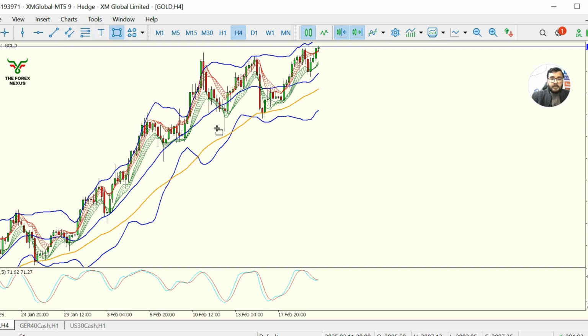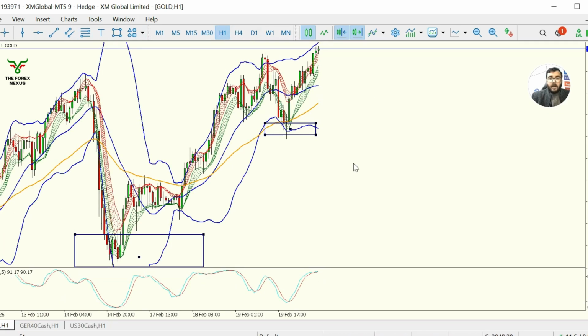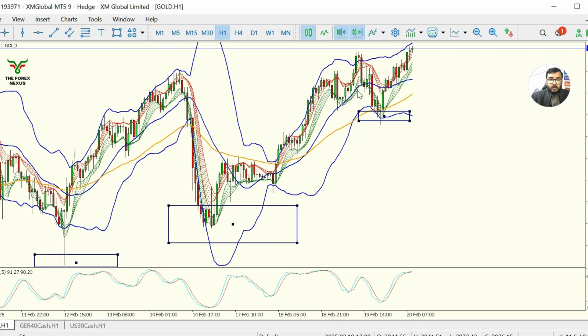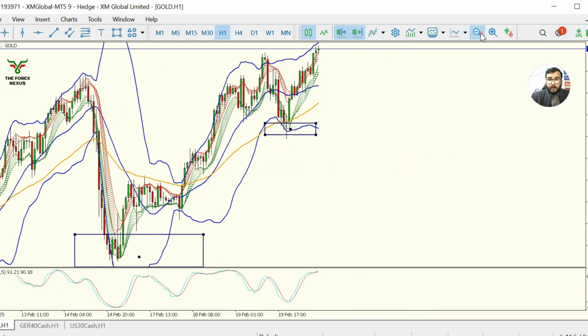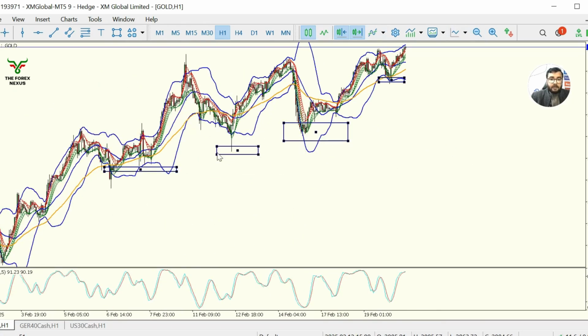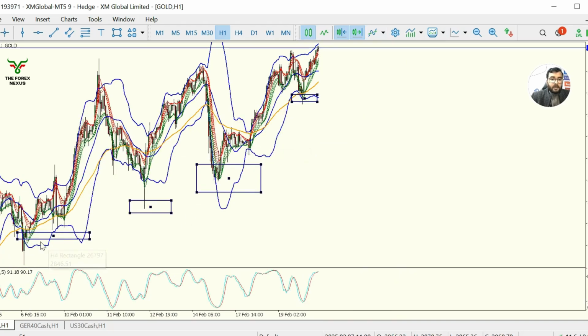If we mark these areas like this, recently, last night, the market got a re-entry on the H4 time frame. Now here, see, it's a confirmation on H4 and on H1. Here we got another confirmation, and here another one.